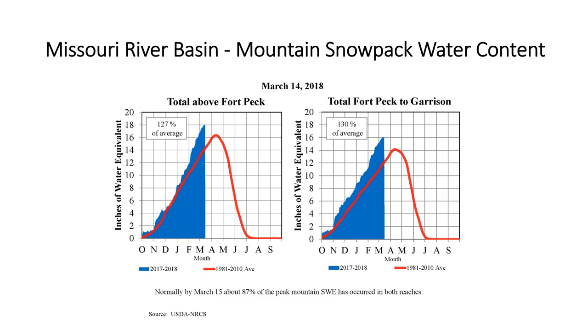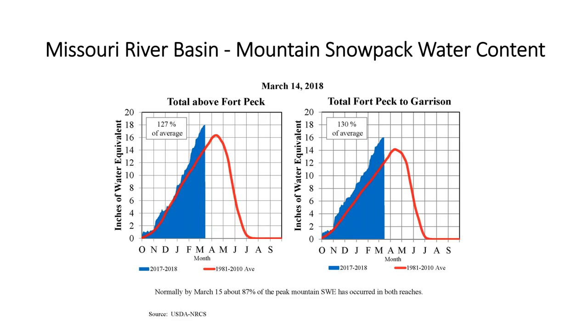The current average snow water equivalent values are based upon all NRCS SNOTEL gauges for the headwater basin above Fort Peck, so on the figure to the left, and the incremental basin from Fort Peck to Garrison. The current values are indicated by the blue shaded area, and the red line indicates the 1981 to 2010 average.